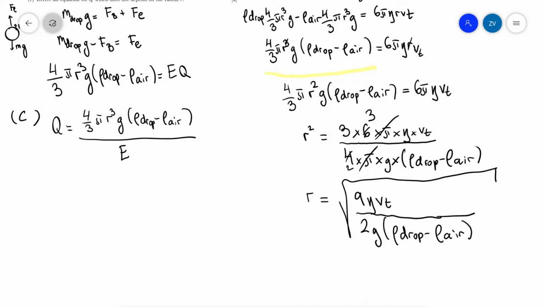Okay, excellent. So all we need to do is take this expression for r and raise that to the power of 3 and substitute that back into the original equation.